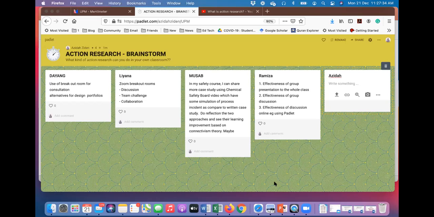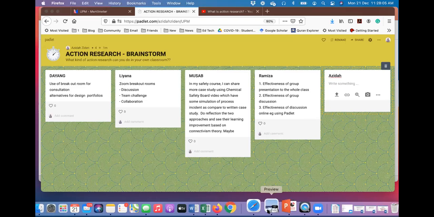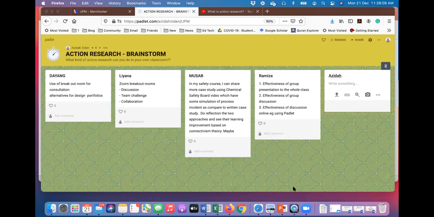Then you can write, and even what Dr. Liana does, discussion, team challenge and so on, in different breakout rooms and so on, that one can actually enter innovation competitions, can enter, just write it properly, visualize it properly, write your plan, your action, your reflection, okay, and then all of that can go into journals as well as innovation competitions. So it is actually easy, it can be carried out, it is not that easy but at least it is doable in a short time.